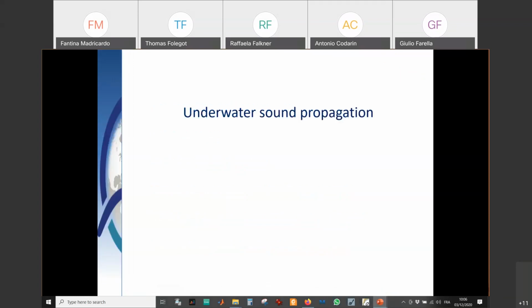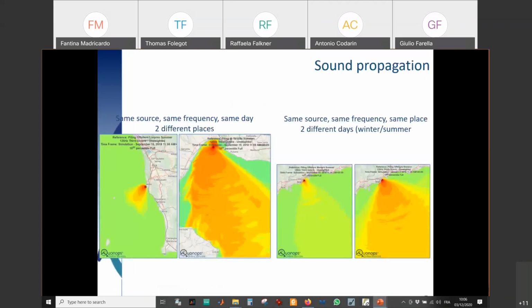So let's start with sound propagation. And let's start right away with some maps. The idea here is to illustrate how variable the sound propagation can be. Two examples. On the left, you have 2 maps of the same sound source, at the same frequency, the same day, but at 2 different places.